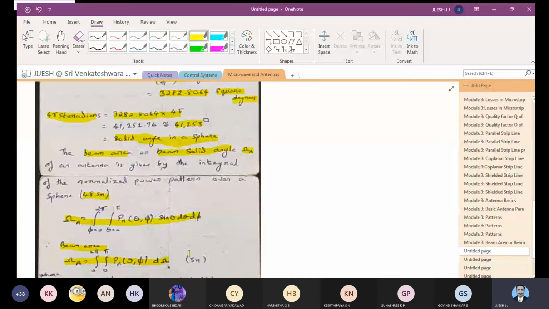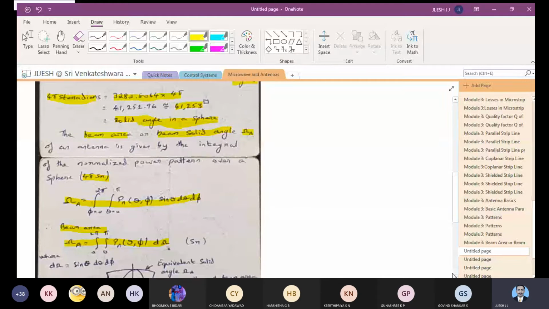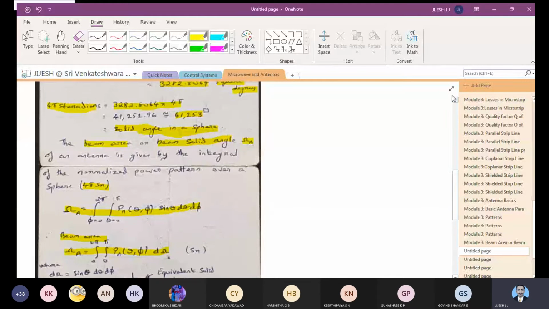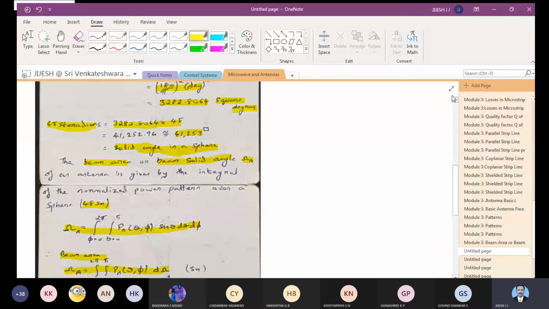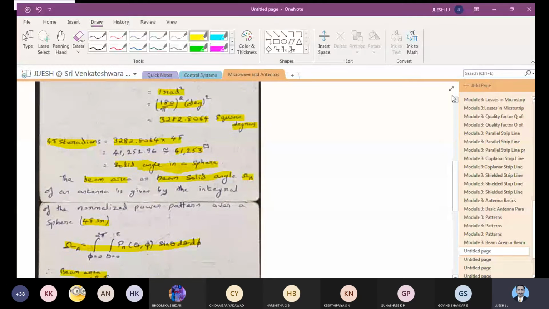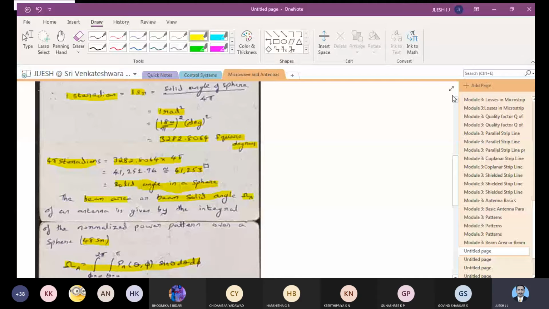I have been telling you that you need to remember the integrations, as they will be required to simplify things in the problems further on.